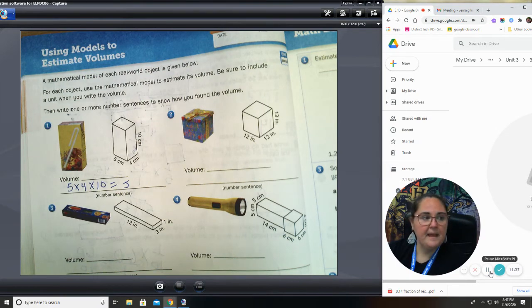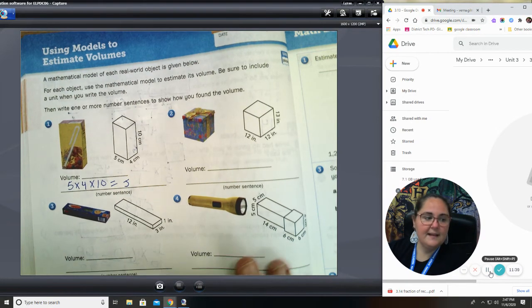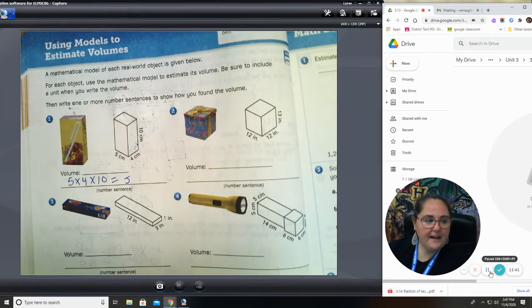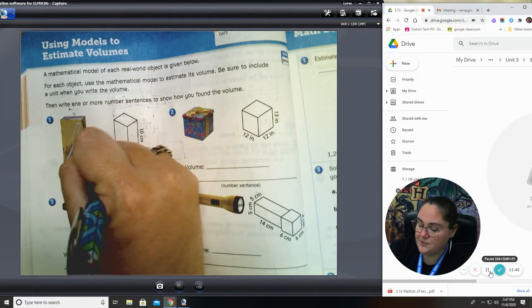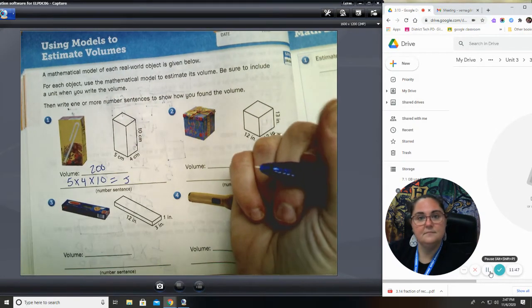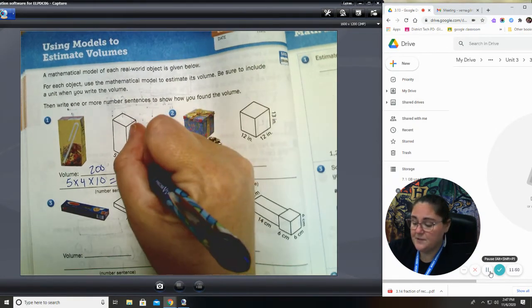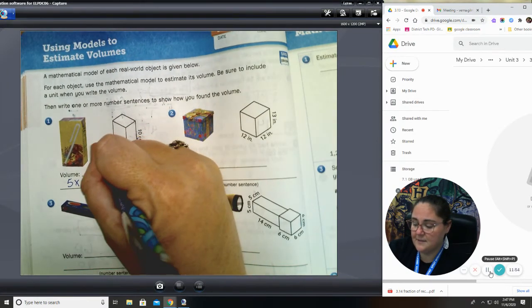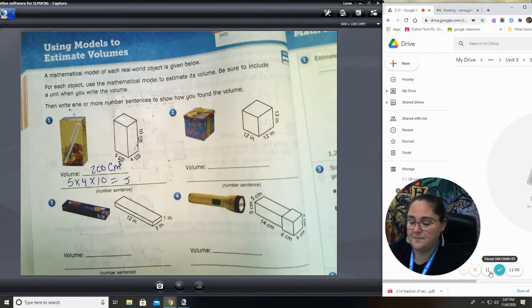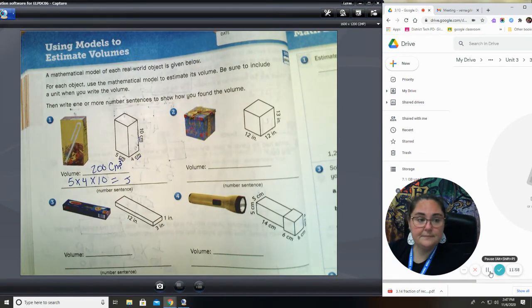Great. Now, let's do our volume. 5 times 4 is 20, times 10 is 200. Don't forget your label. So these are centimeters. So my label would be centimeters cubed. So that is your sample.